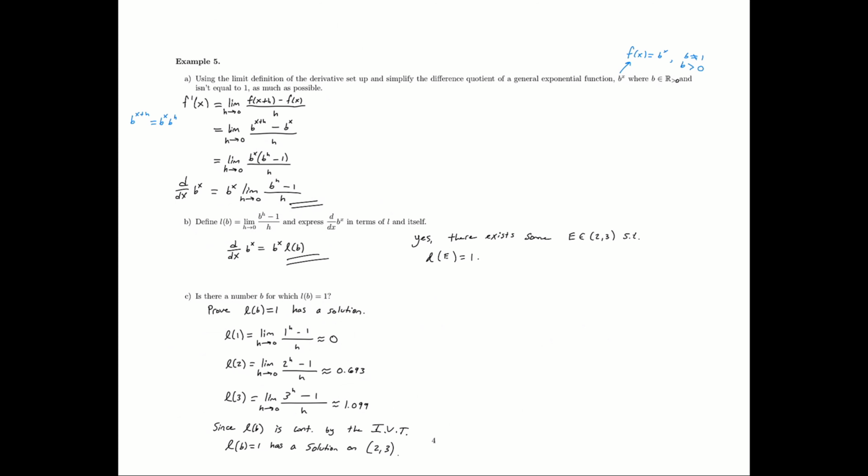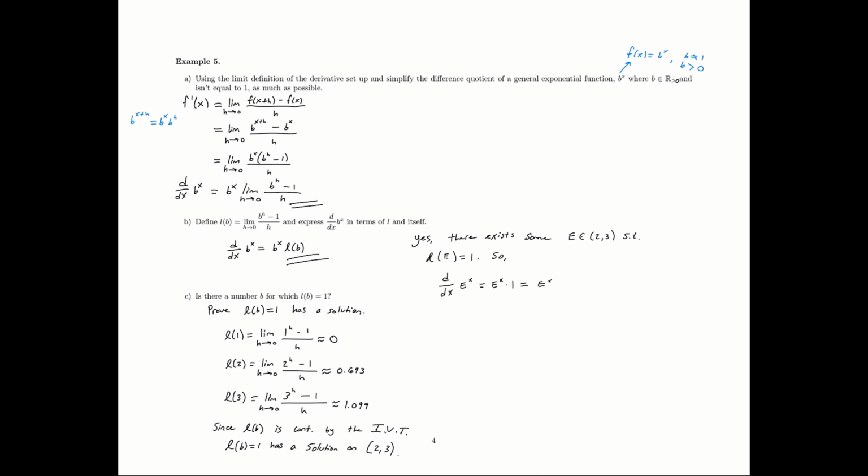Well, what does that imply? Well, that implies that the derivative of e to the x is just e to the x times 1. Well, that's just e to the x. So there actually is a function, e to the x, that is its own derivative.